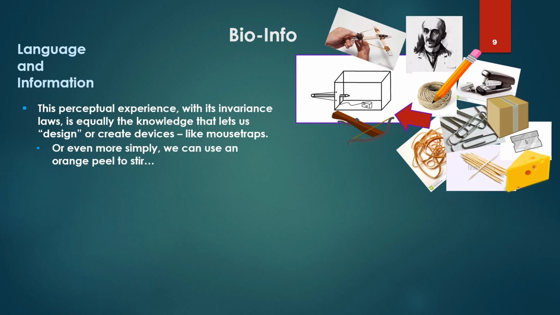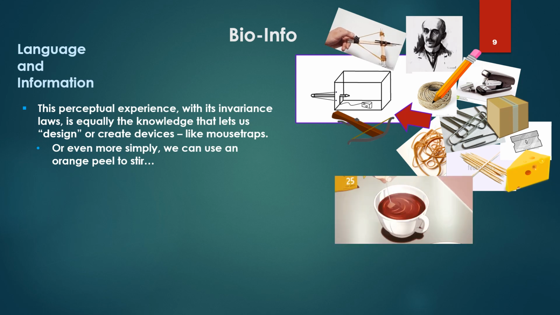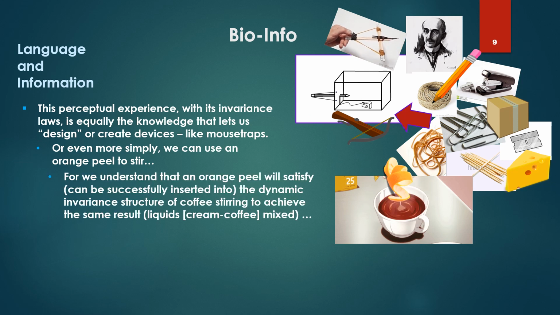Or even more simply, we can use an orange peel to stir the cup of coffee. Why? Because we understand that an orange peel can be successfully inserted into and support the dynamic structure of coffee stirring, that is, those invariance laws, moving the liquid with a certain force, etc., necessary to achieve the same result, that is, liquids mixed, the cream and coffee.